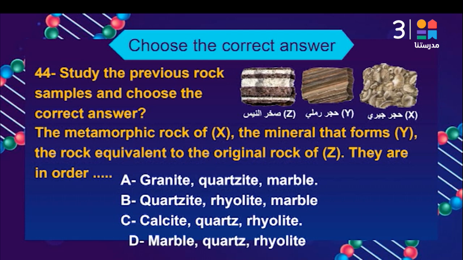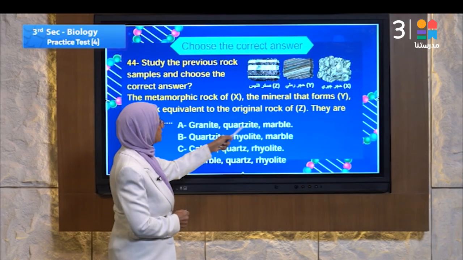Study the previous rock samples and choose the correct answer. The metamorphic rock is X, we search for the metamorphic rock. Y, the mineral that forms Y. The rock equivalent to original rock Z.